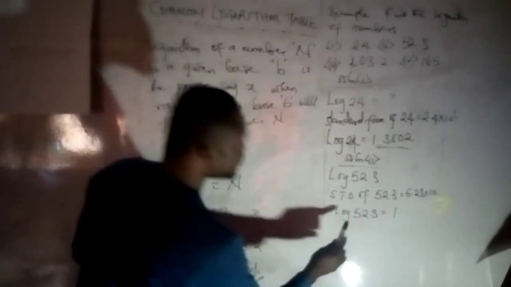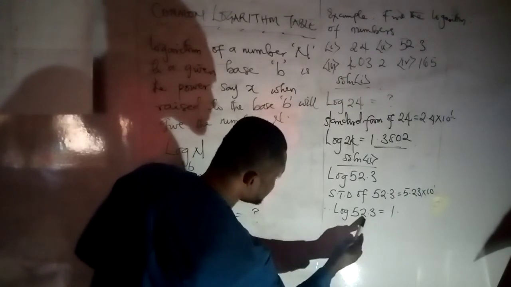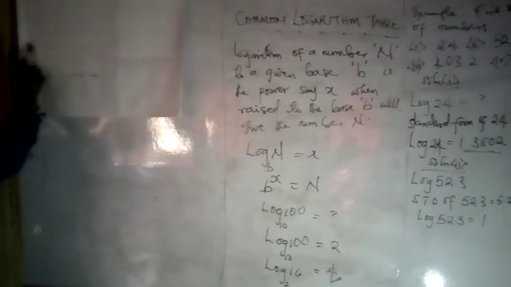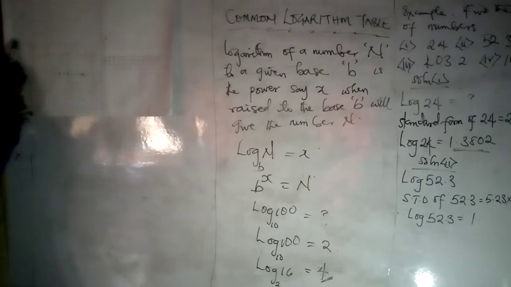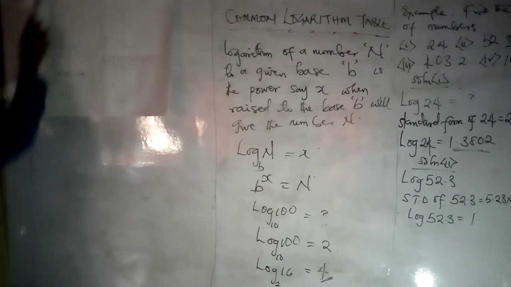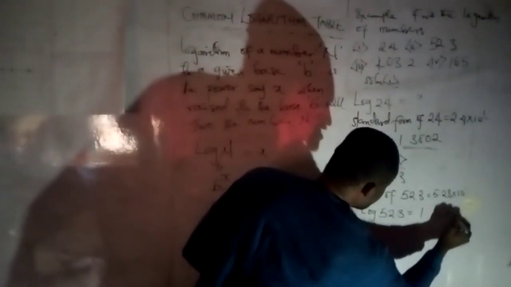Now we are going to look for 52 under 3. Under 52, you have 7185. That is under 3, here is 0, 1, 2, 3. So 52 under 3 is 7185. That gives us the answer.